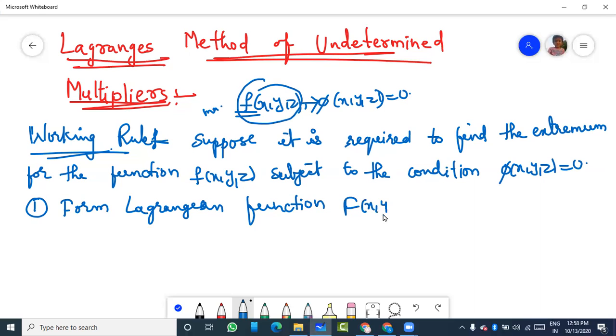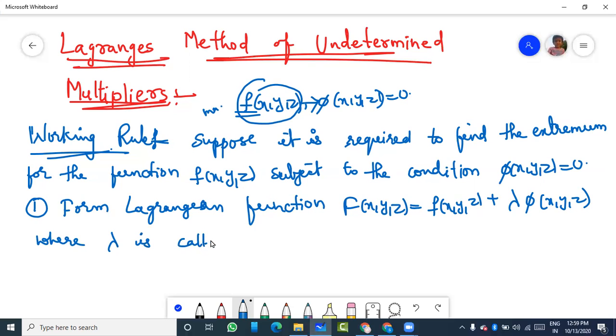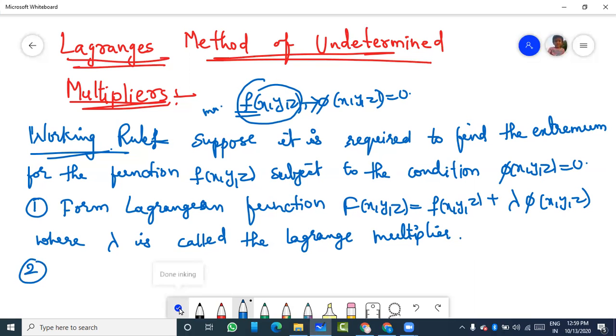Capital F of x comma y comma z equals small f of x comma y comma z plus lambda phi of x comma y comma z, where lambda is called the Lagrangian multiplier, which is determined by the following conditions.